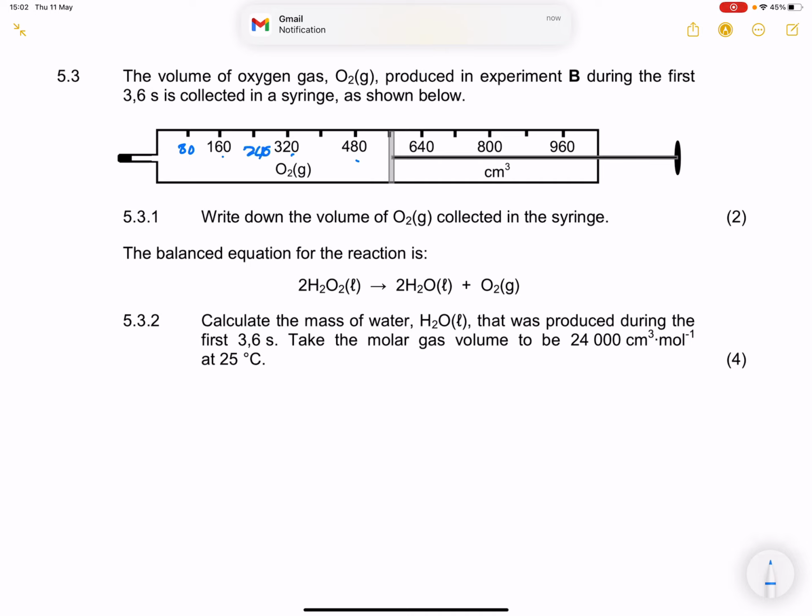If I look at this one, what would be 480 plus 80? That should definitely be 560. So the volume of oxygen should be equal to 560 cubic centimeters.